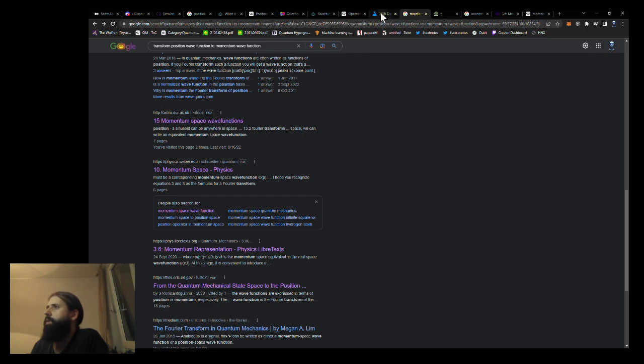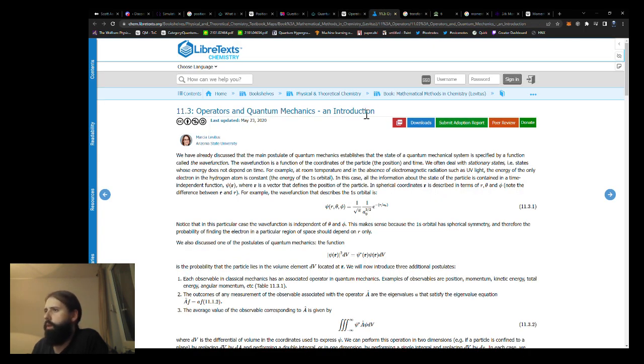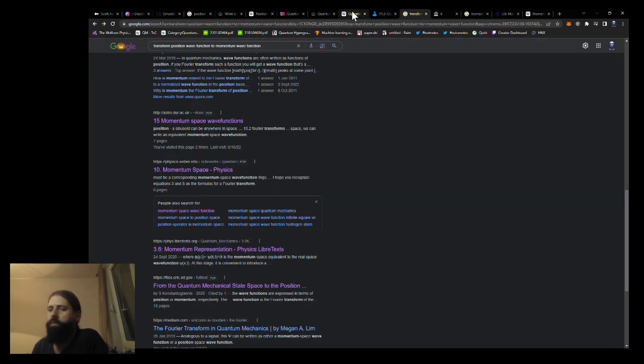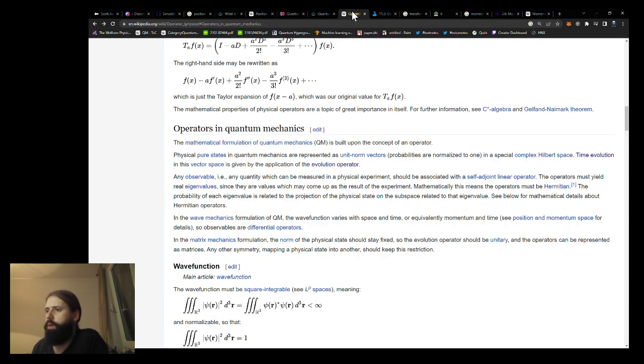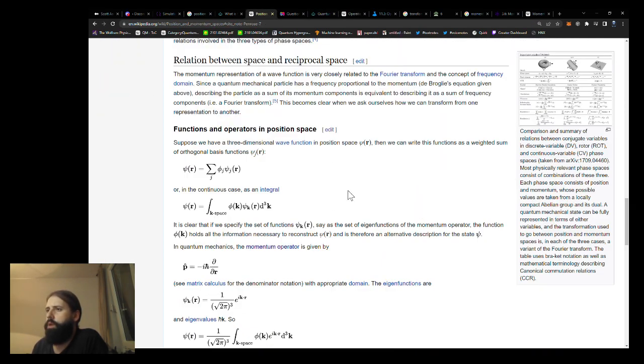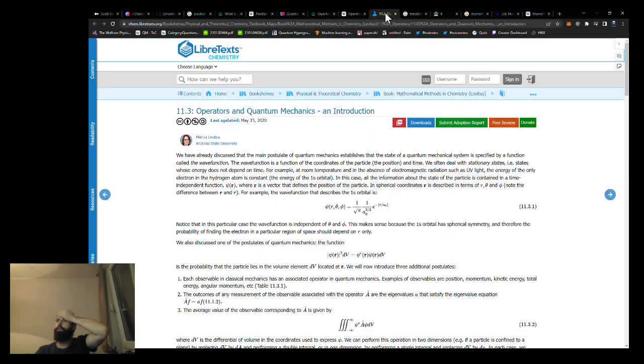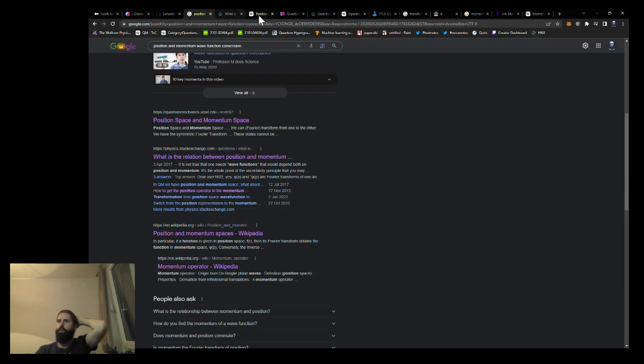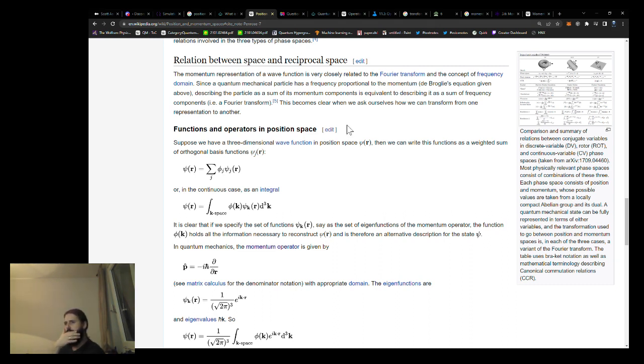This is what's escaping my understanding at the moment. Basically, why can you say... I lost that text, whatever. Why can you just say, suppose we have a three-dimensional function in position space.